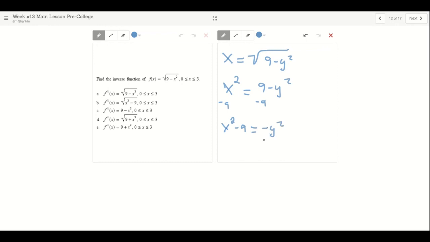Well, you've got to get rid of that negative, so I'm going to divide through by -1, which is going to change both of these. So that's going to be negative x squared plus 9 is equal to y squared. And then I'm going to take the square root of both sides. So my answer would be the square root of negative x squared plus 9. So does that look like letter A?